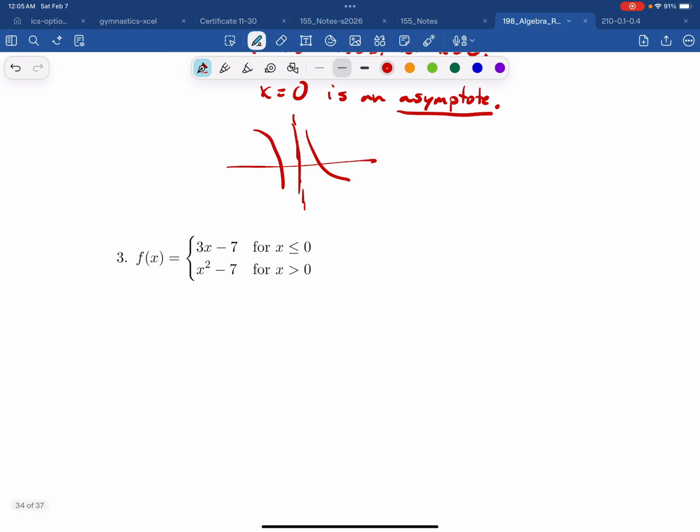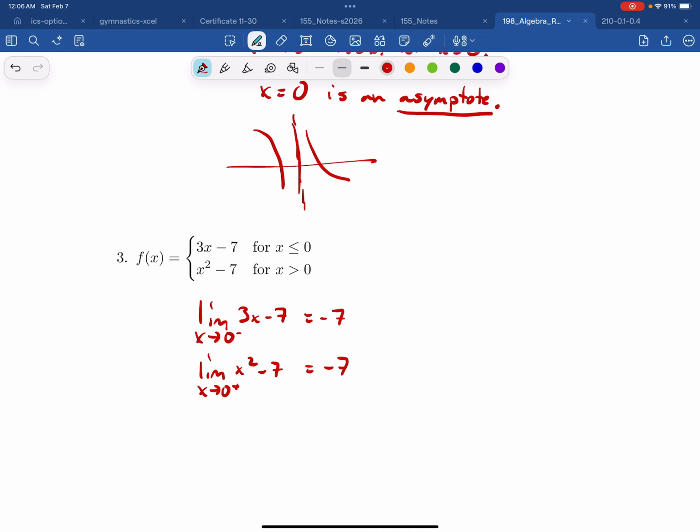All right, now what about f of x equals this piecewise function? Well, we just take a look, right? The limit as x approaches 0 from the left of 3x minus 7 is going to equal negative 7. The limit as x approaches 0 from the right of f of x is this guy.